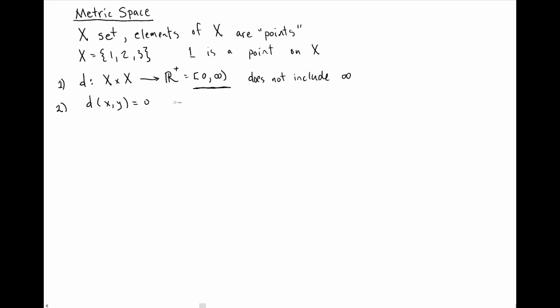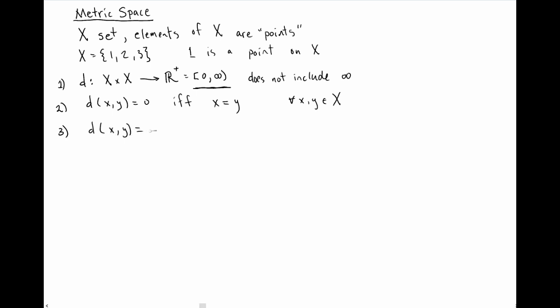So the second thing that we need for a metric is that if we have 2 points, this is 0 if and only if X is equal to Y. And this is for all X and Y in our set. And 3, we must have symmetry.